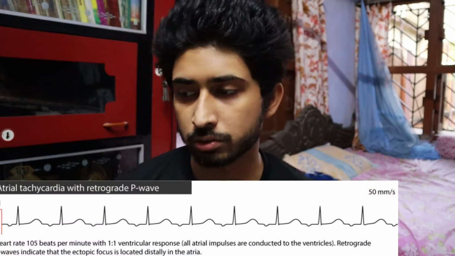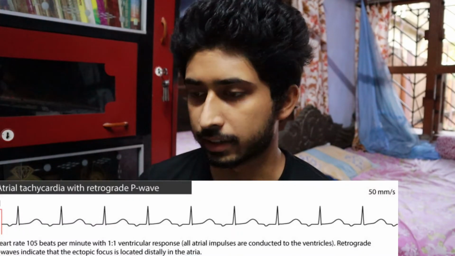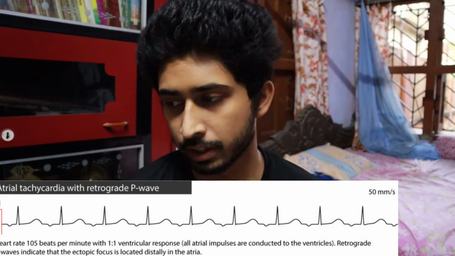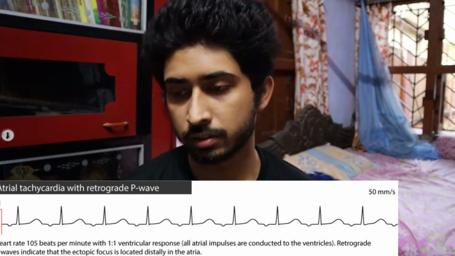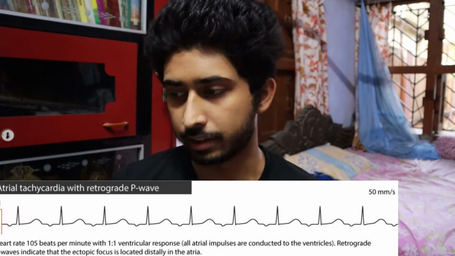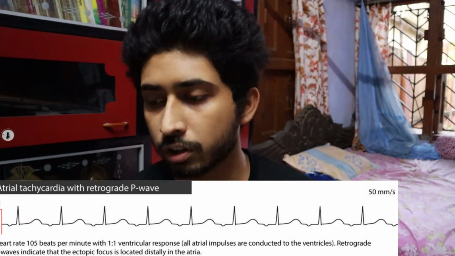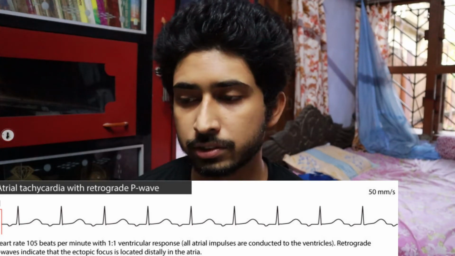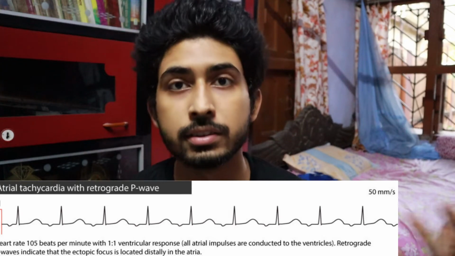Now on your screen you can see the ECG of focal atrial tachycardia. It is also a narrow QRS complex tachycardia where the P wave morphology is different from normal. The P wave is downwards and it is a retrograde P wave, which is not normal morphology. So the impulse is being generated somewhere other than the SA node.